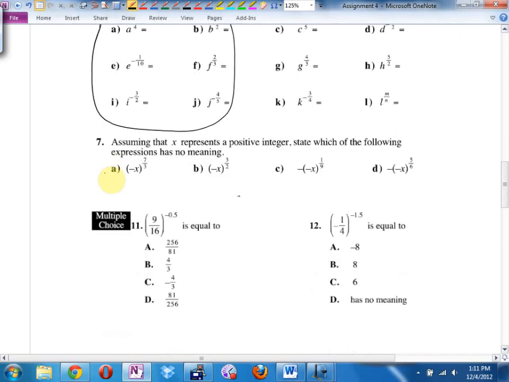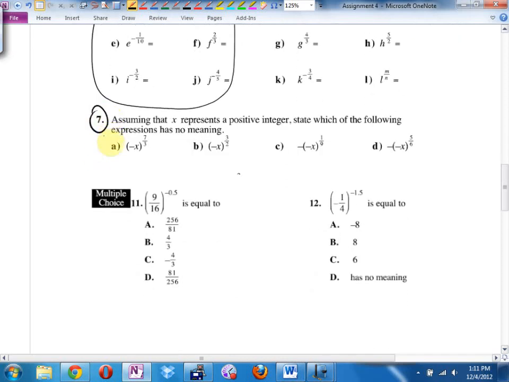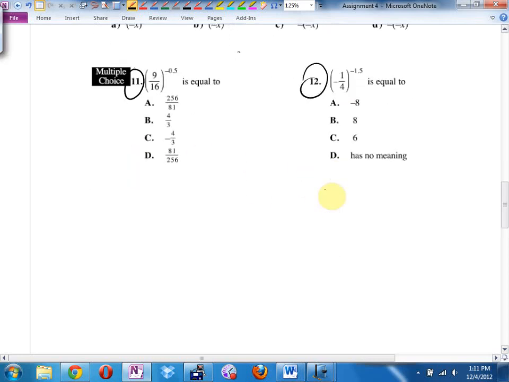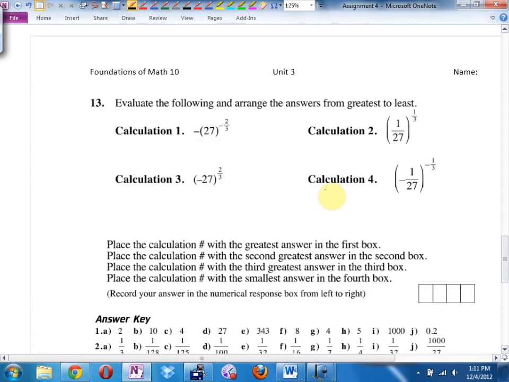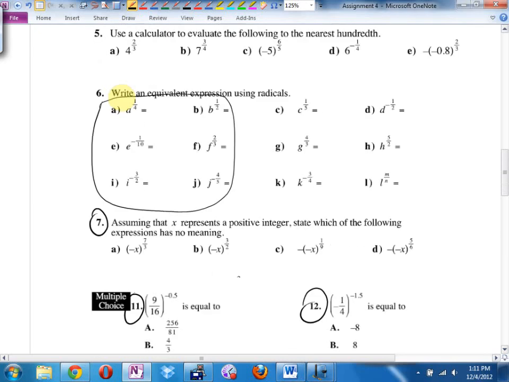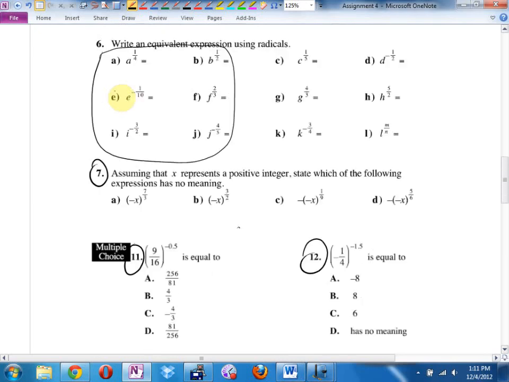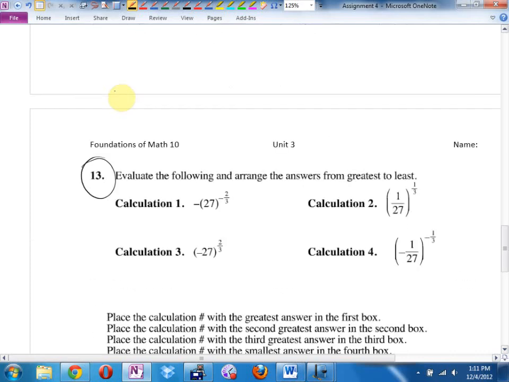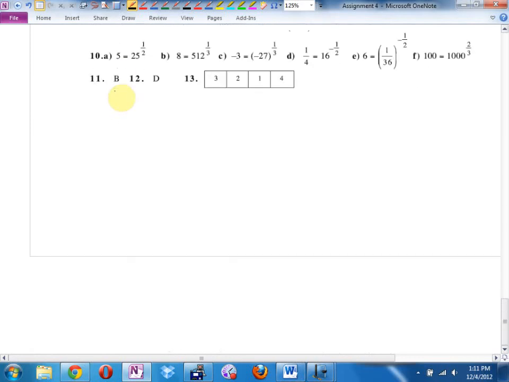I've skipped 5. 7. 11, 12, and 13. Okay. So I assigned 6, those ones, 7 all, 11 and 12, 13. Sounds like a lot, but you got a whole week.